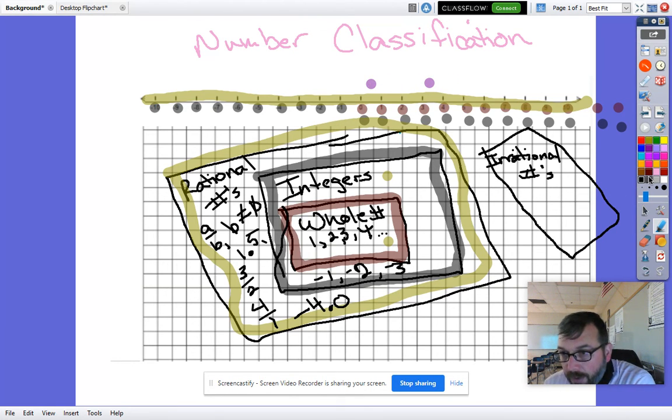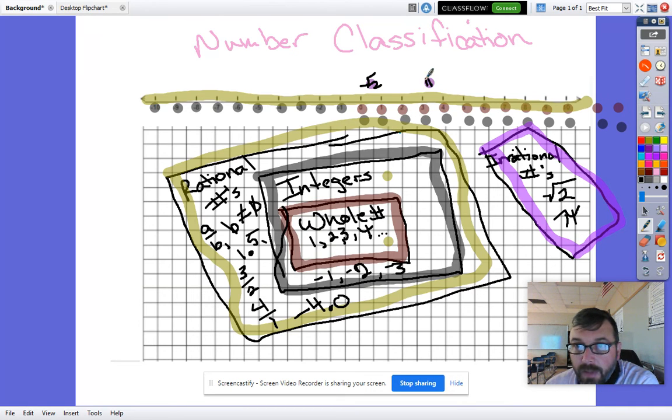These two numbers are the square root of 2. And let me go back to my pen. Square root of 2. And then pi. There are more irrational numbers out there, but we don't need to worry about that yet.